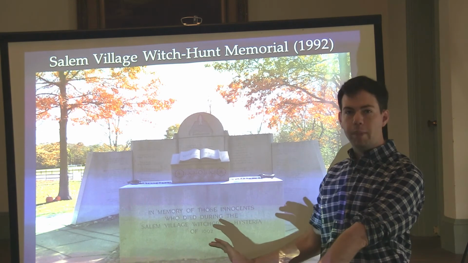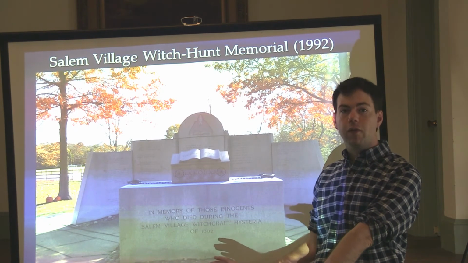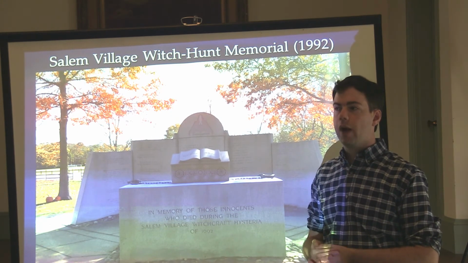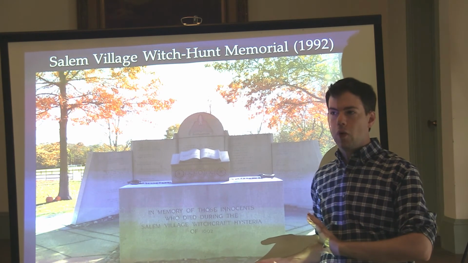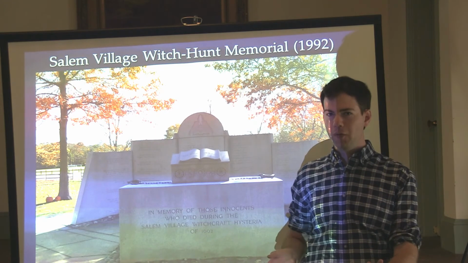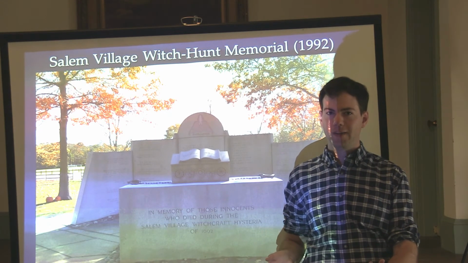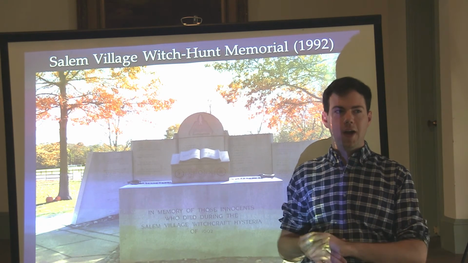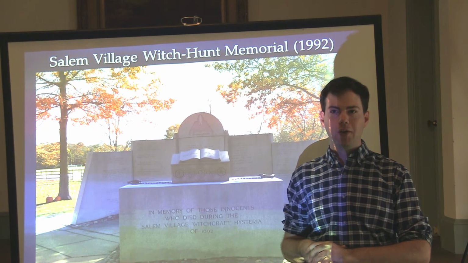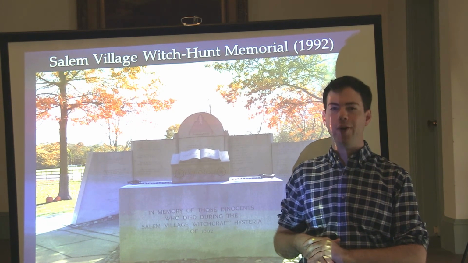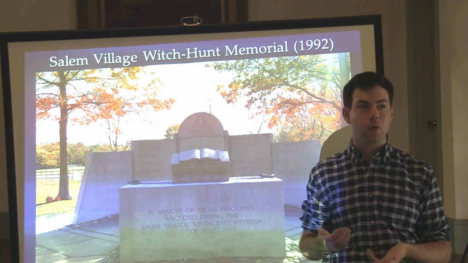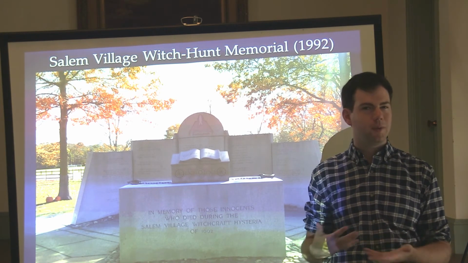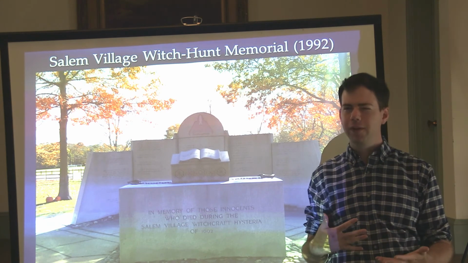It's like small granite benches, and each bench has the name of one of the 19 who were executed. That memorial was done in a very different way. It was an international design contest. It was financed by the city, and it was much less of a community project. It also leaves out the names of the at least 5 we know who died in jail during the witch hunt, so it's not even a memorial to everyone, really.